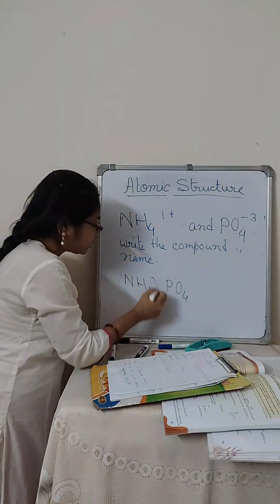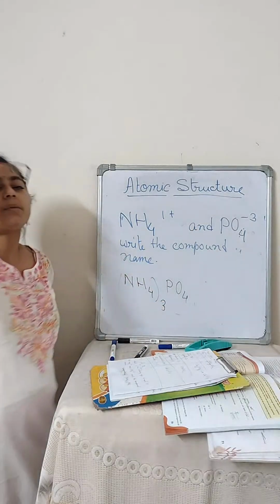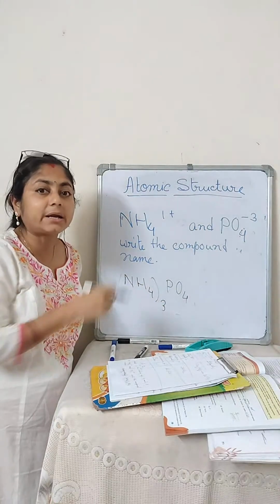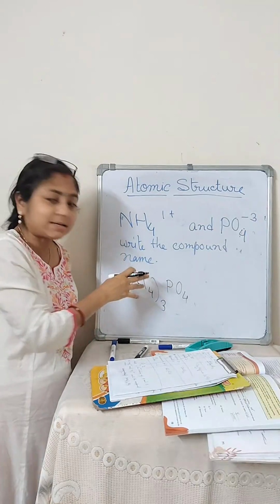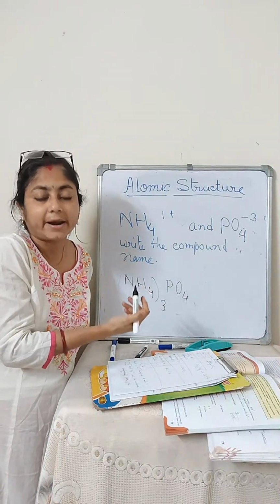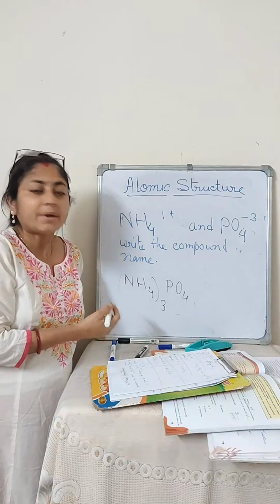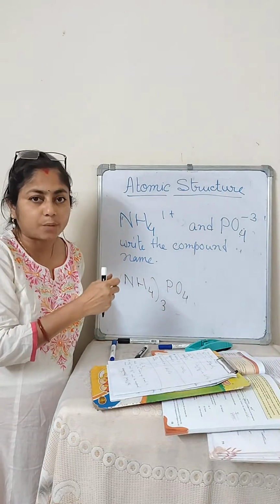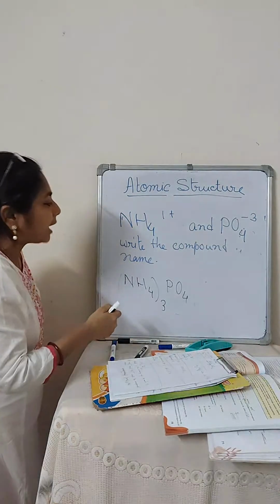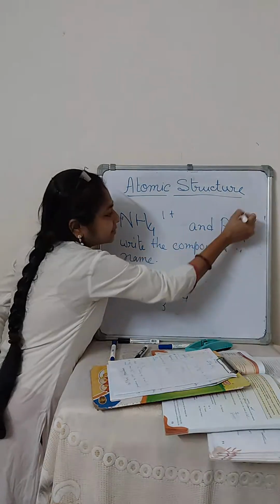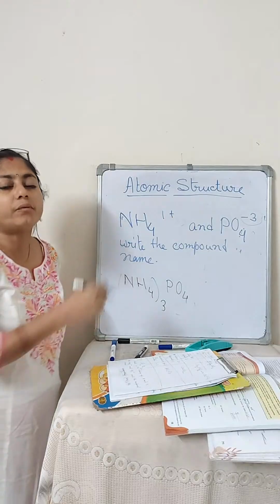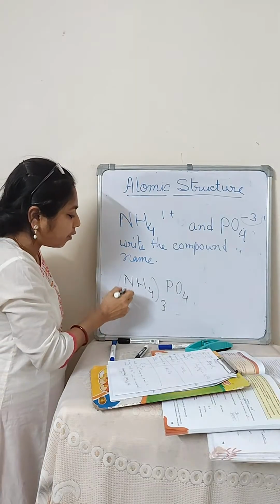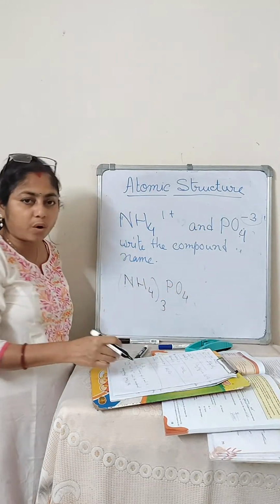So I make a bracket. Why do I make a bracket? Because here NH4 as a whole looks like a radical. It means it's not one atom, it is a group of atoms. So it is called a radical, and this valency is 3. I write using the crisscross method, so the formula is (NH4)3 PO4.